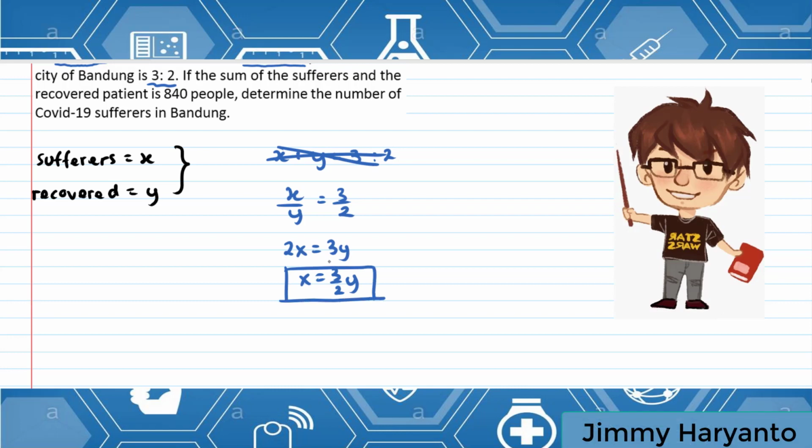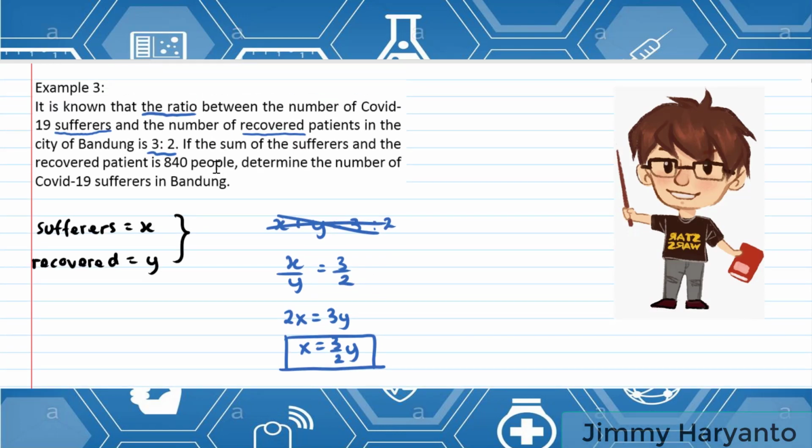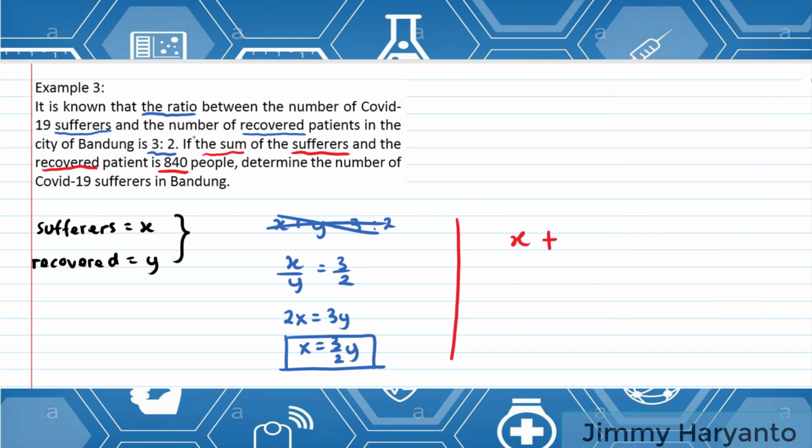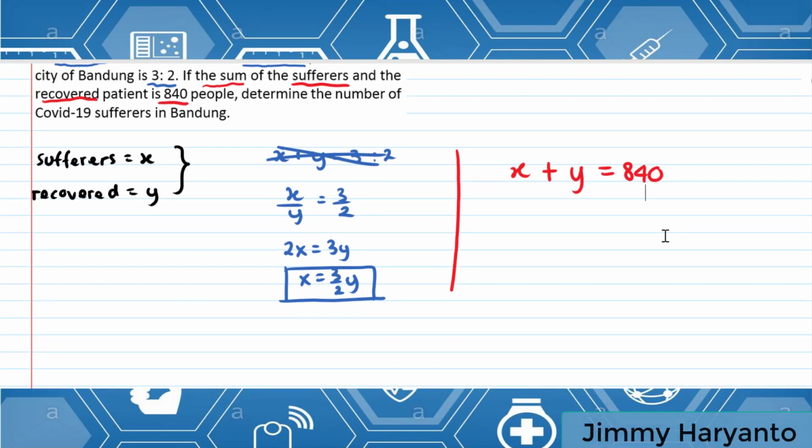Okay, I already got x. And then the next sentence. The next sentence is the sum of the sufferers and recovered is 840. So how to translate it? The sum means addition. Sufferers is x, recovered is y, which should equal 840.